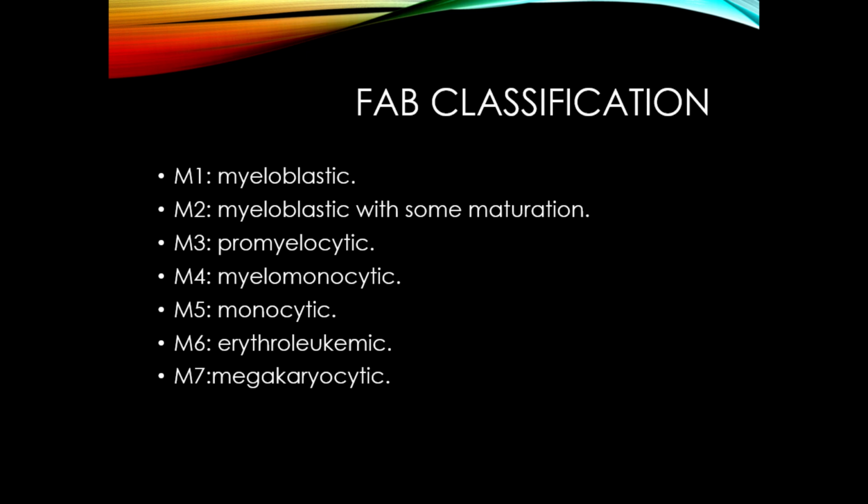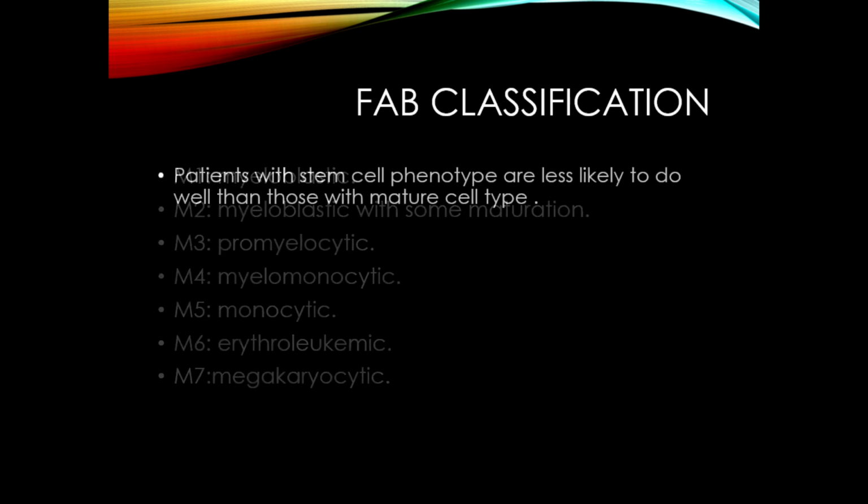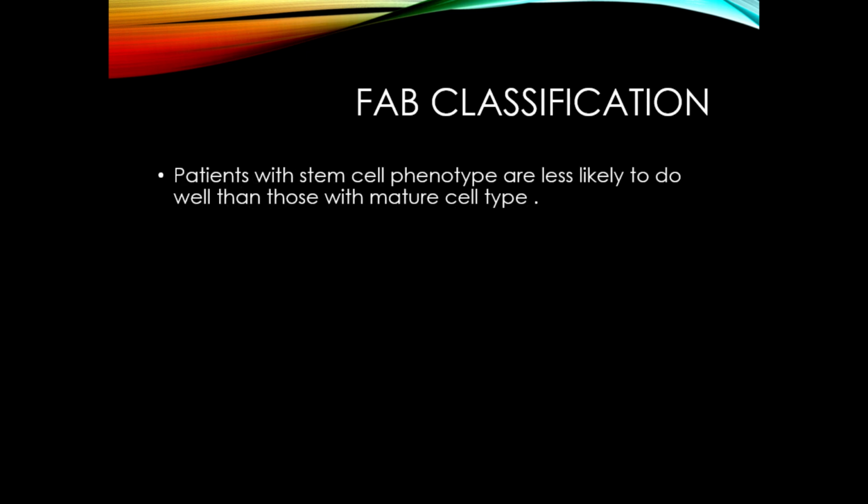So patients diagnosed with this type are susceptible to bleeding, especially with the start of treatment. Patients who have a more mature cell type are likely to do better than those patients who have a stem cell phenotype.